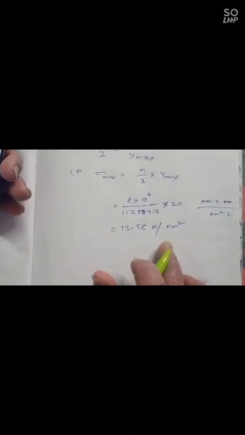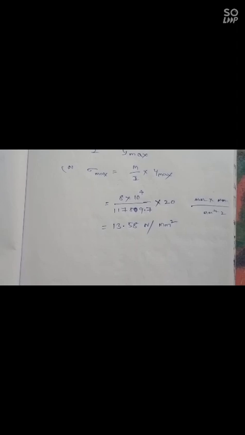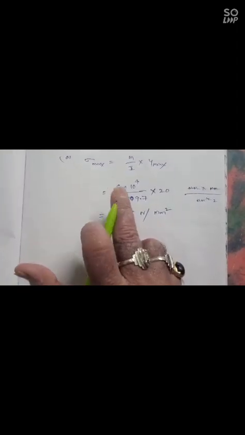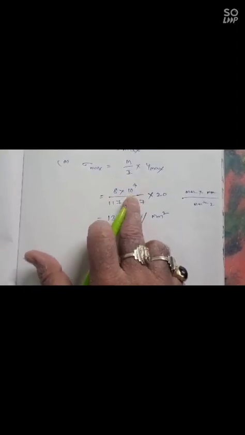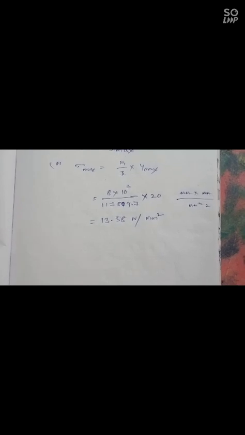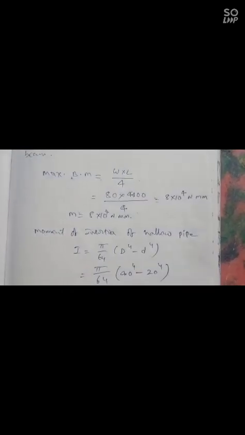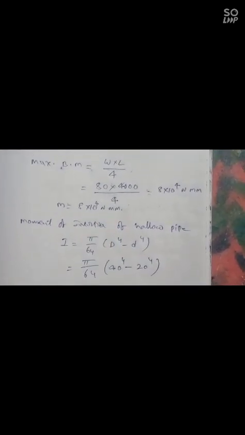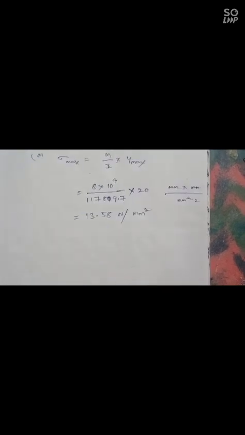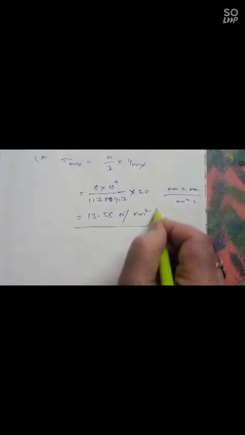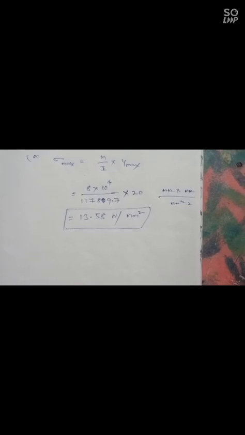So maximum stress is 13.58 newton per mm square when the maximum bending moment is equal to 8 into 10 to the power of 4 newton millimeter. So this is the answer.